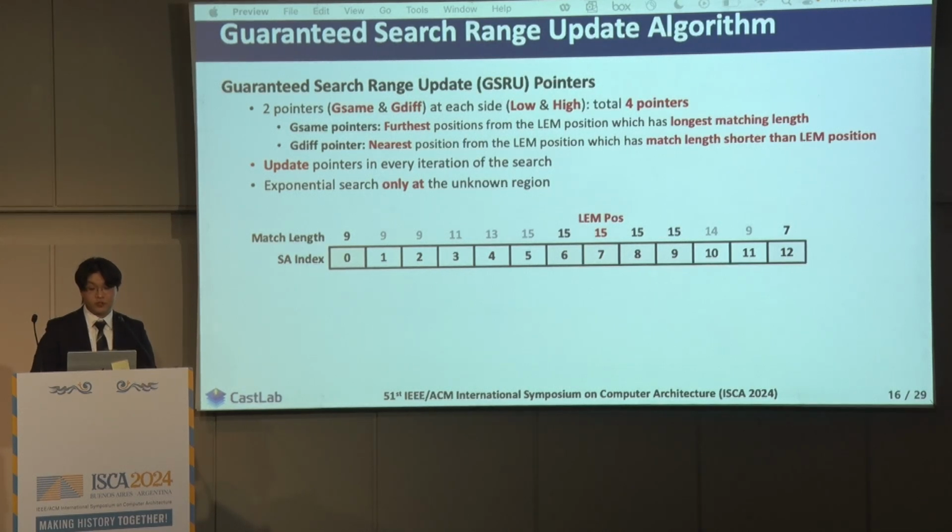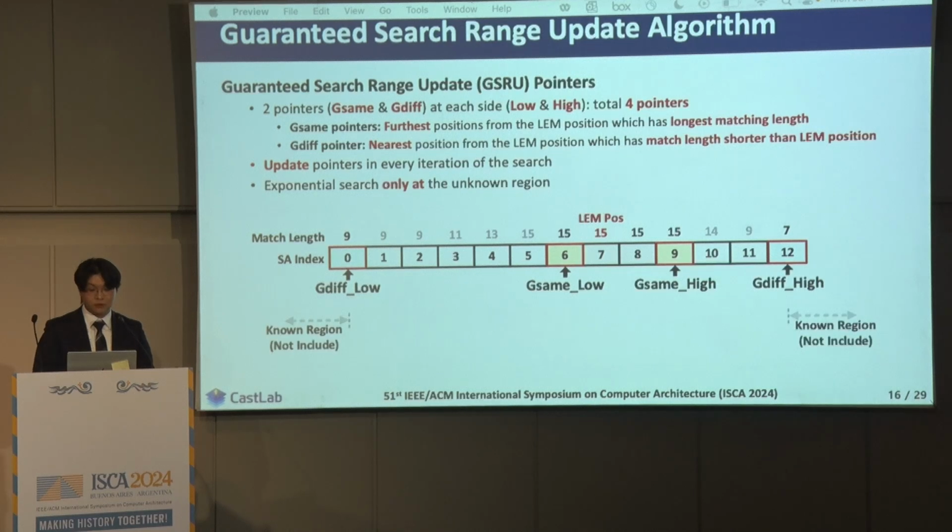Assume that during the previous binary search, the shown colored positions are already known and cached in the memory. Then, assuming 15 is the longest match length, which is the anchor position, the GSAM pointers will be updated like this, and since 9 and 7 are smaller than 15, the gdiff pointers will be updated like this.